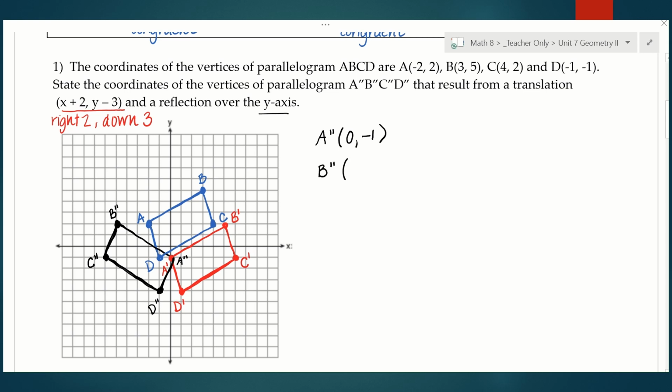B double prime looks like (-5, 2). C double prime is (-6, -1). And D double prime looks like (-1, -4). Okay, so we're all set with that one.